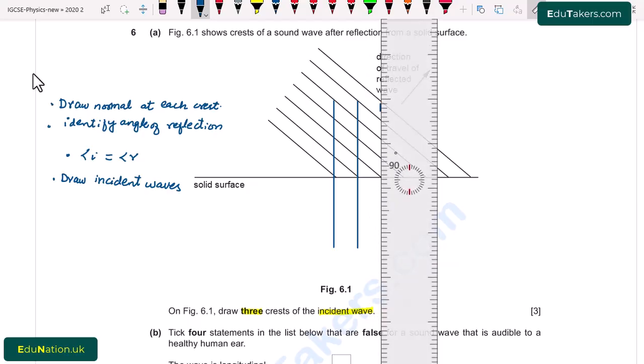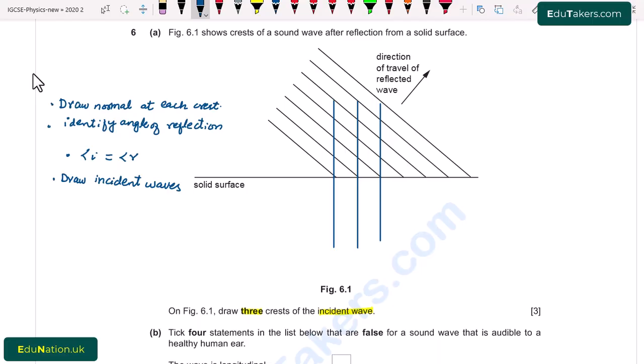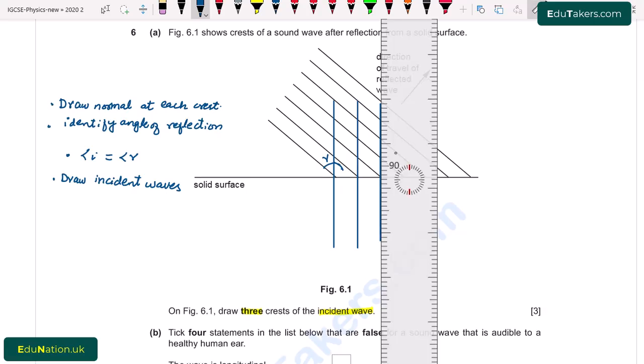And it's the third normal. And we know that the angle between the reflected ray and the normal is known as the angle of reflection. In our case, the angle of reflection is this. We carefully have to identify this angle and draw the incident ray. It might be the incident angle. So I draw the incident ray here.